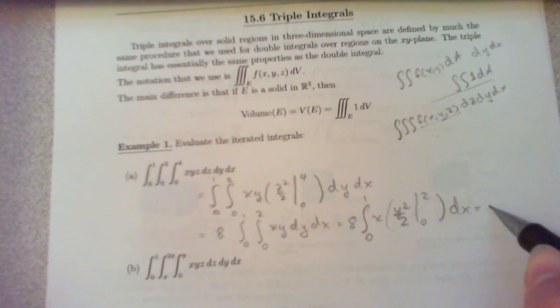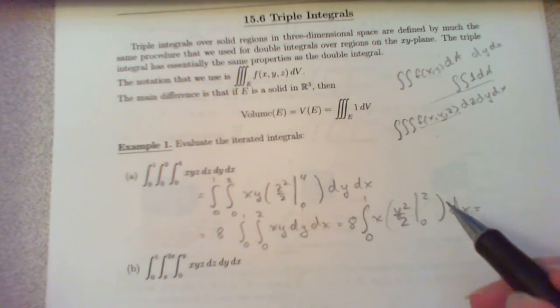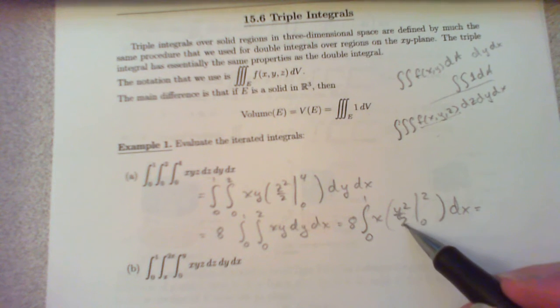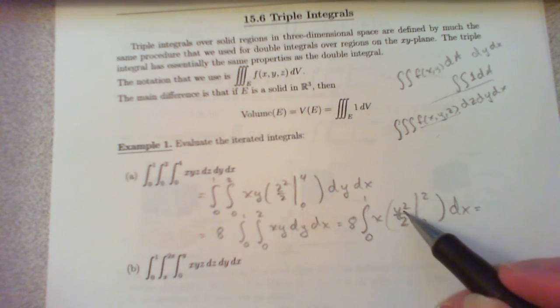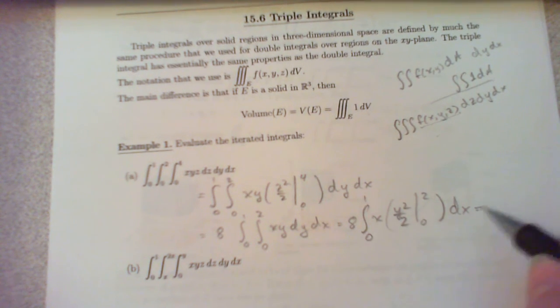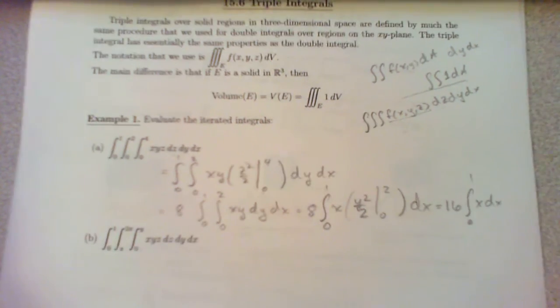So when I plug in the number 2, that's 4. 4 divided by 2 is 2. Let me put it with the 8 as a 16 out front. And the limit of integration at 0 is 0. 0 to 1 x dx.